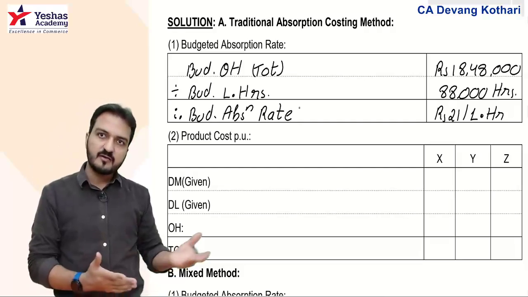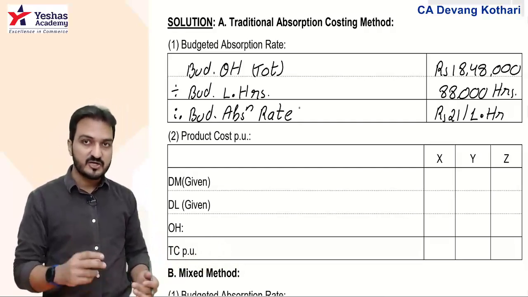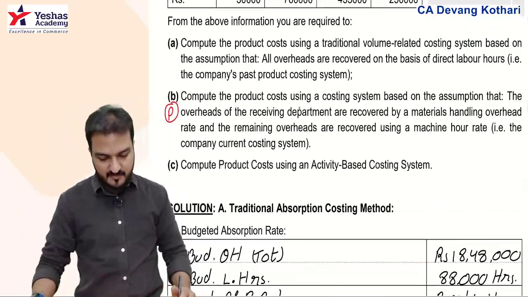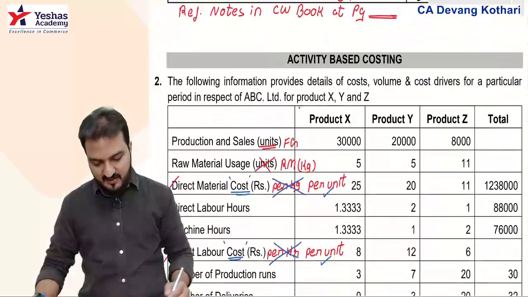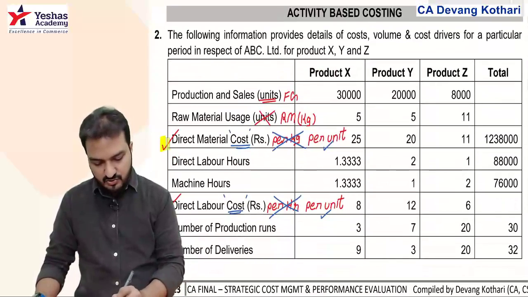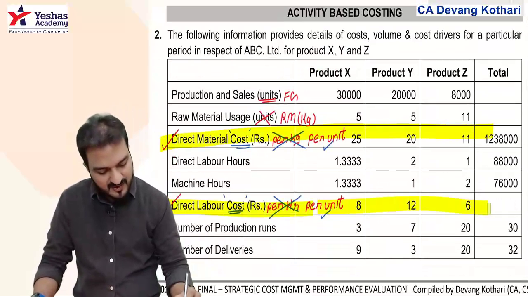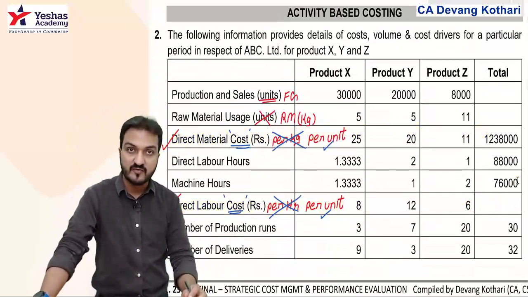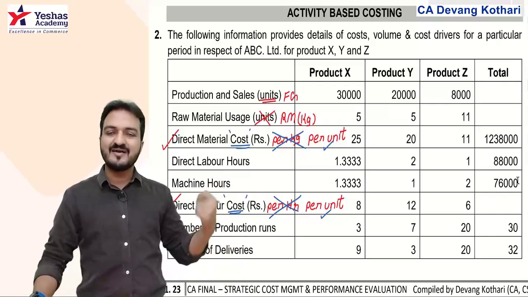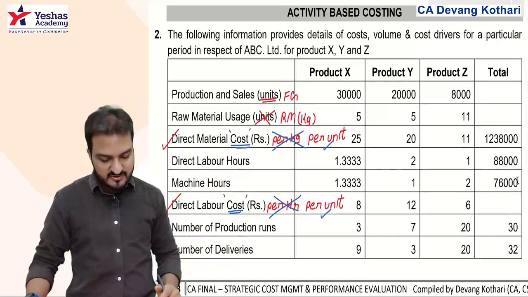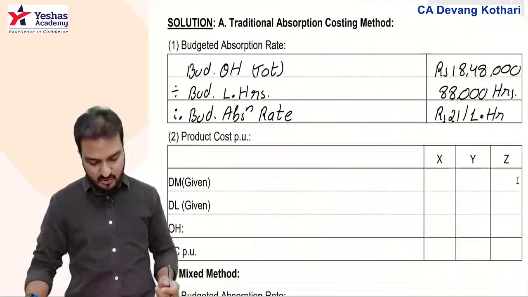And using this rate, we need to find the product cost. Acha, for finding product cost, I already showed you that direct material for each unit of XYZ is already given. Direct labor cost for each unit of XYZ is already given. So if that is already given, take that directly in my product cost. Overheads will add based on the absorption rate.